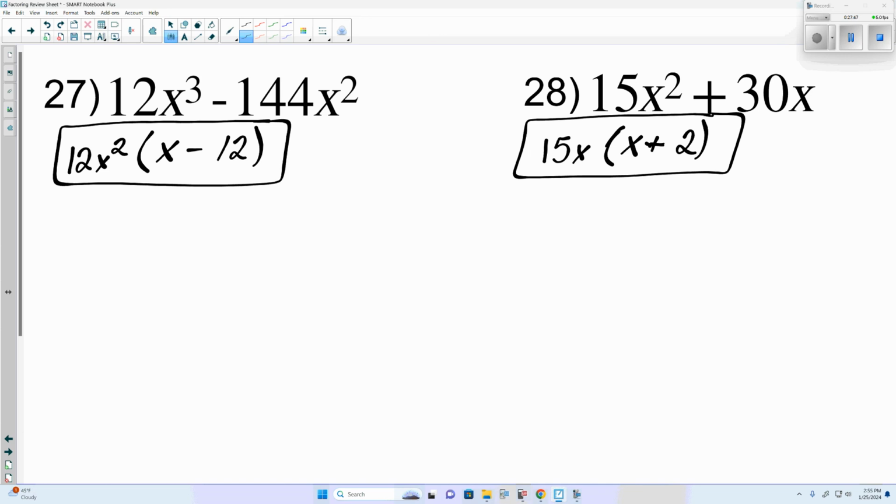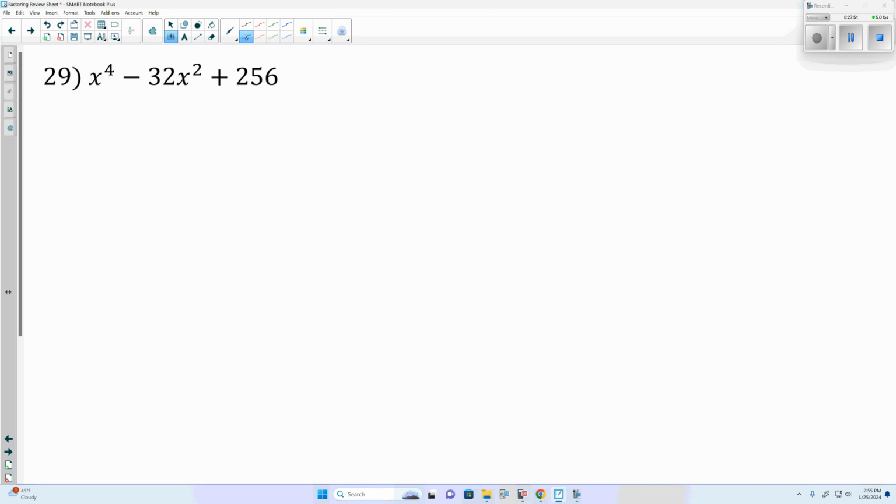We'll look at one more. x to the fourth minus 32x squared plus 256. Even though it's x to the fourth and x squared, this still behaves the same way as our other quadratics.